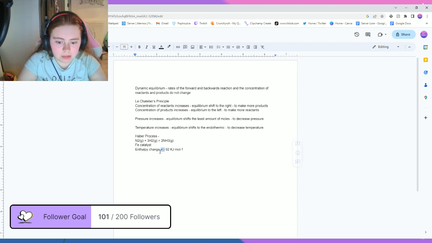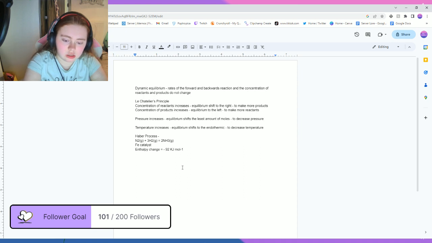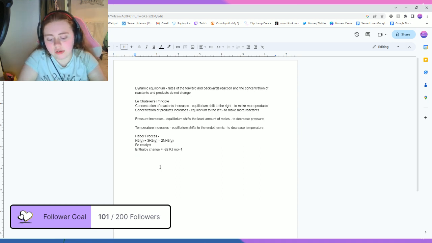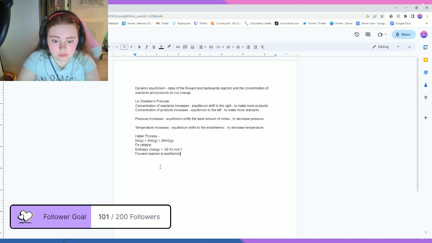And the minus symbol of this enthalpy change shows that the forward reaction is exothermic and the backwards reaction is endothermic.